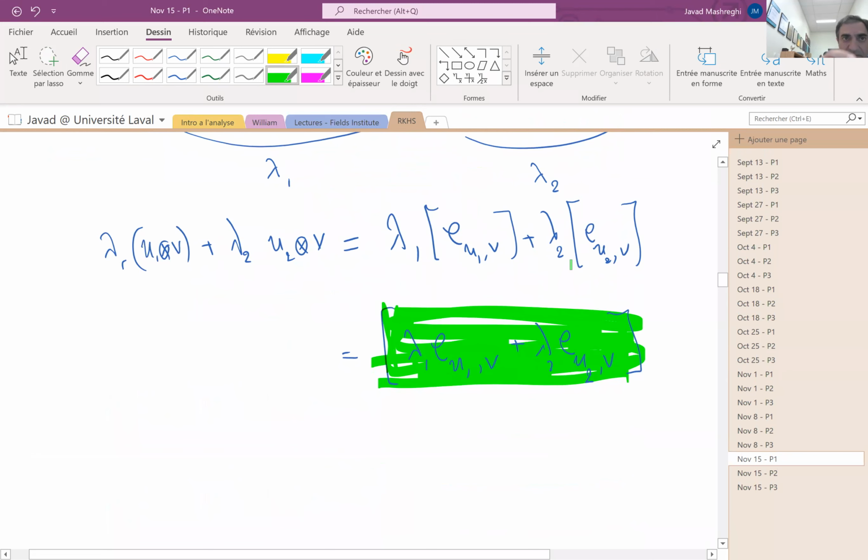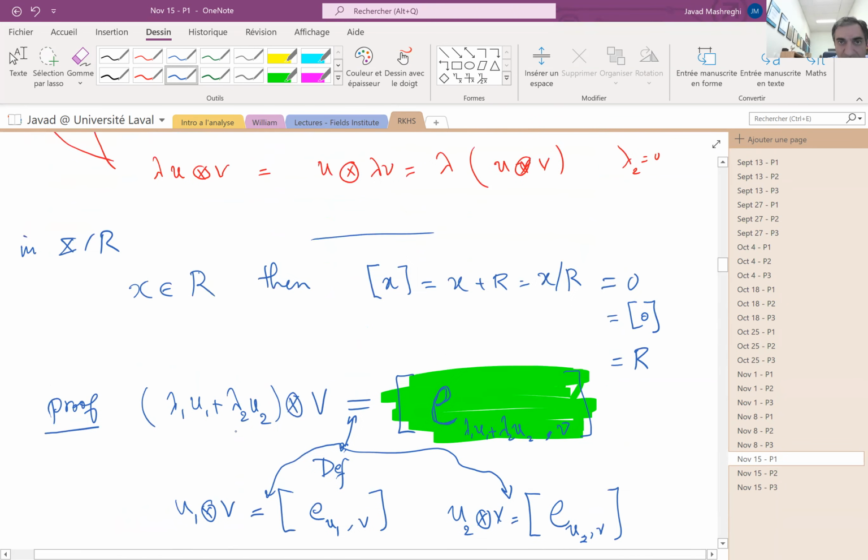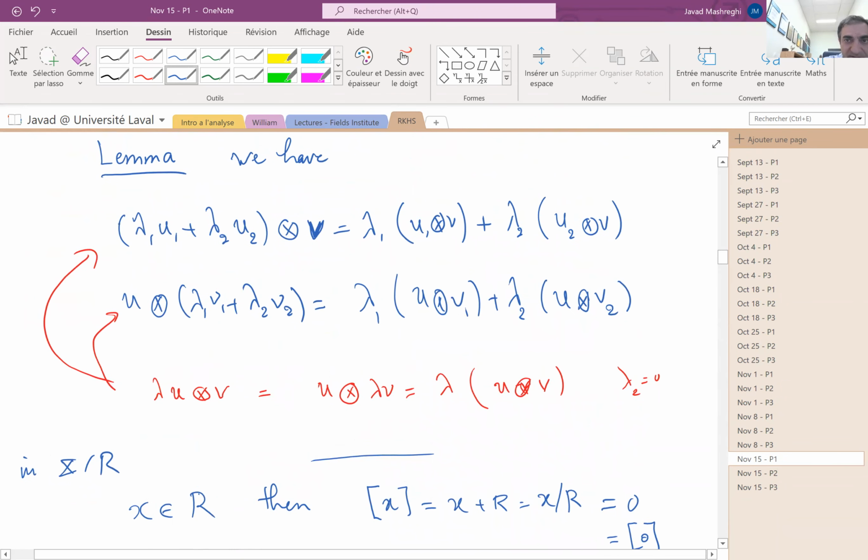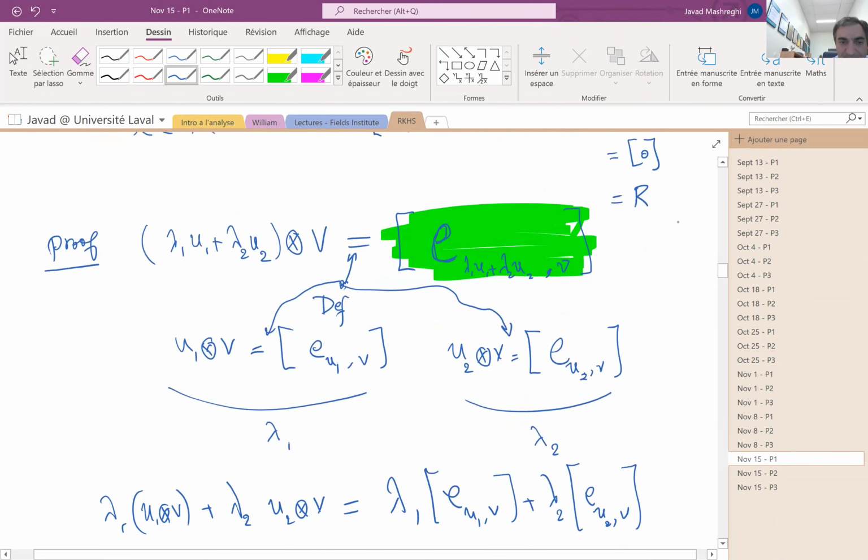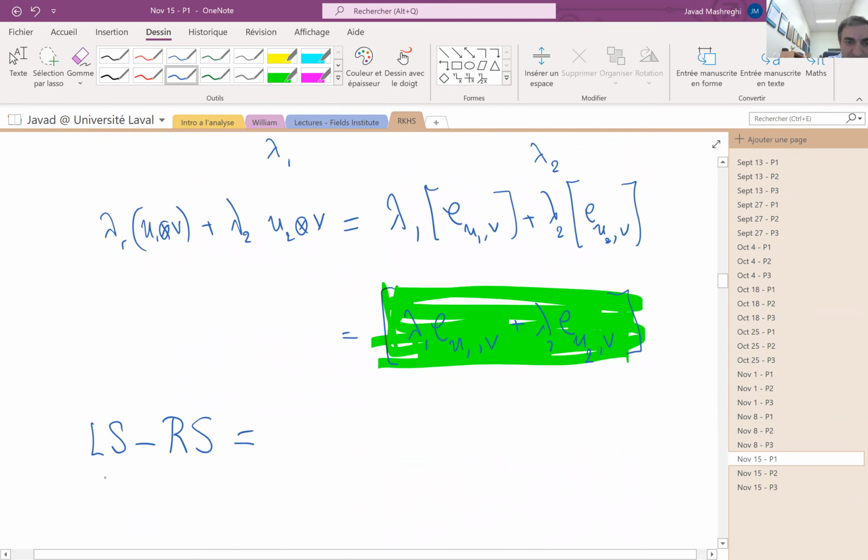Instead of writing the whole formula, I write left side minus right side, by left and right I mean left and right in this equation in star.